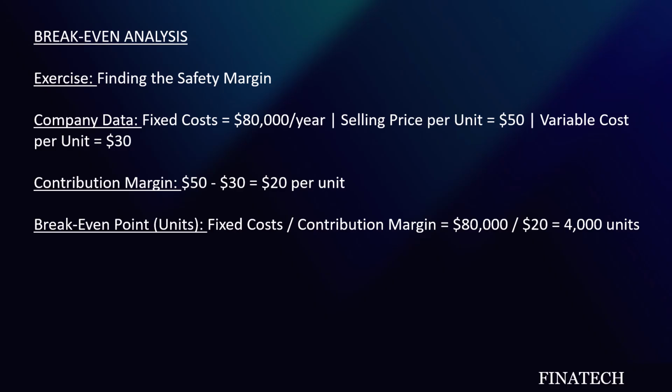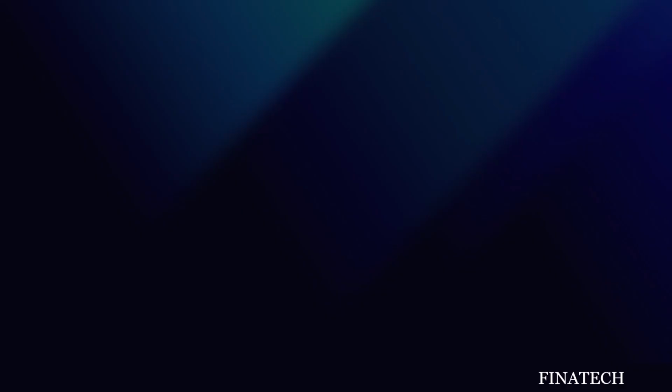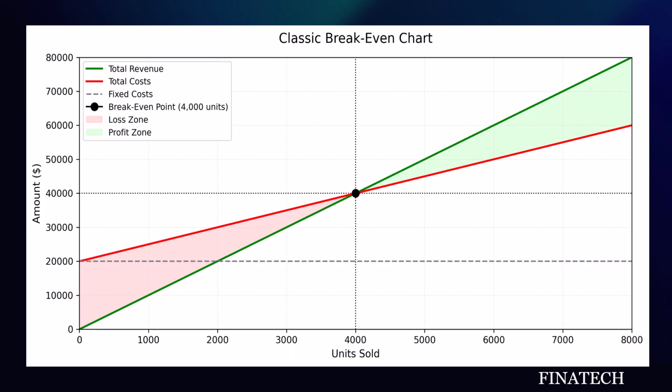Break-even point in units: fixed cost divided by contribution margin. So we had 400 units. Break-even point in sales, we had $200,000. Let's see a graph, the red and the green.